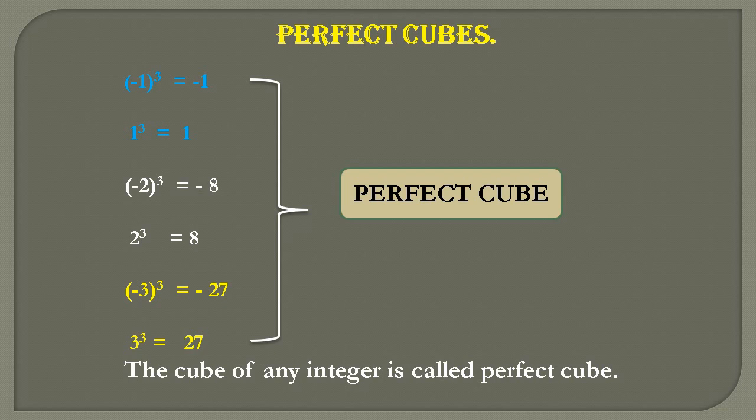Here minus 1, 1, minus 8, 8, minus 27, 27 are the perfect cubes since they are the cubes of minus 1, 1, minus 2, 2, minus 3 and 3. Thus, we can say that the cube of any integer is called a perfect cube.